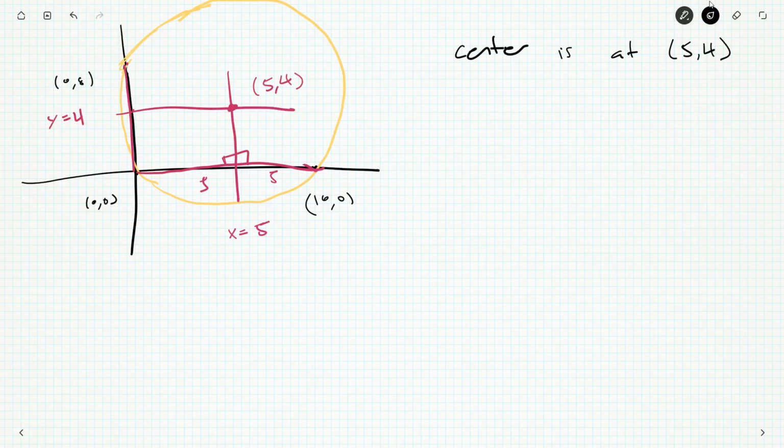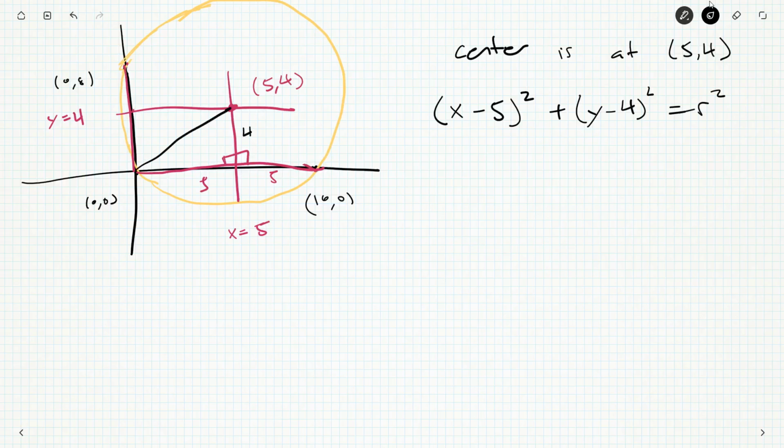So my equation so far: take the difference in the x-coordinates and the difference in the y-coordinates, square them, and you get the radius squared. I don't know what the radius is, but we could work it out. It's a 4 and a 5, so the square root of 4 squared plus 5 squared.